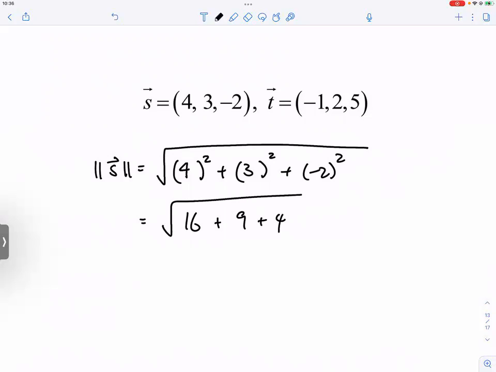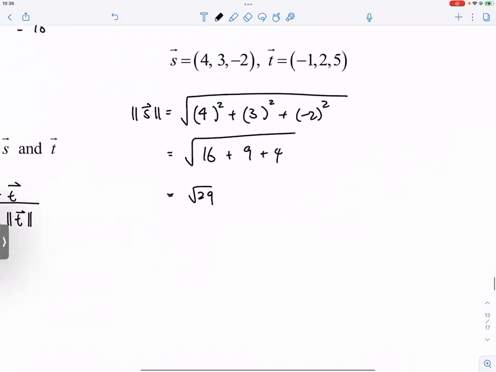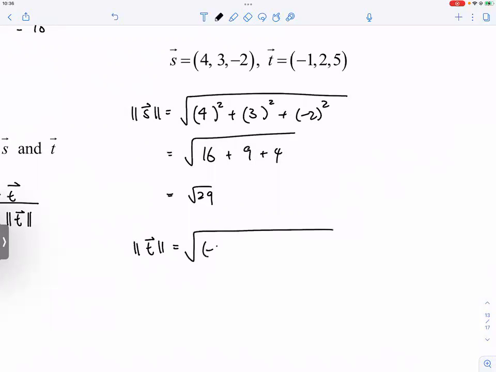So you have a total of square root of 29. Okay, so that's the magnitude of S. And we do the same thing for the magnitude of T, which would be -1 square plus 2 square plus 5 square.